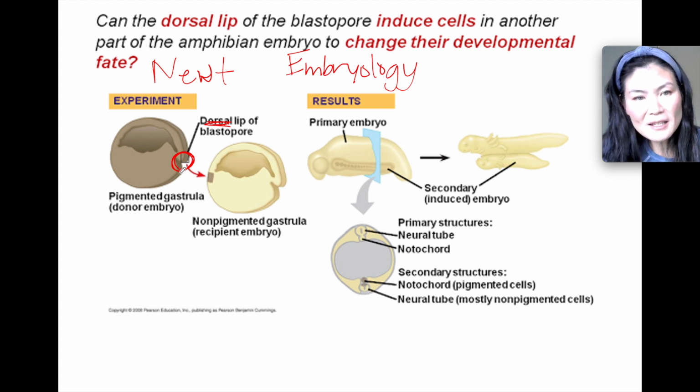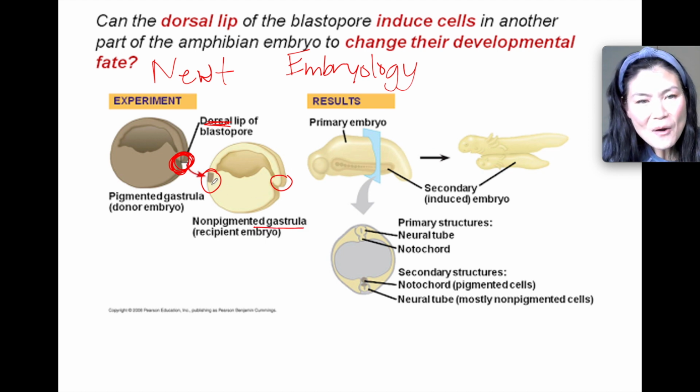So what they did was they removed the dorsal lip from one blastopore and transplanted it to another newt or frog on the opposite side of its blastopore. Okay, the dorsal lip of the blastopore. So now this blastula, which is forming into a gastrula, has two dorsal lips.